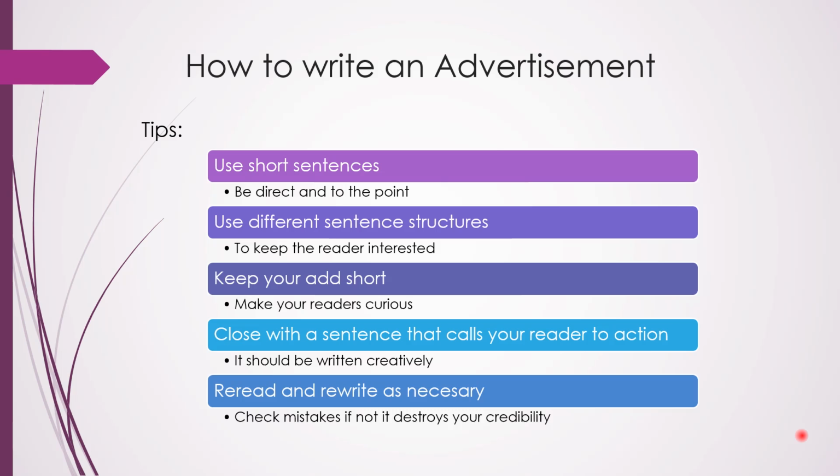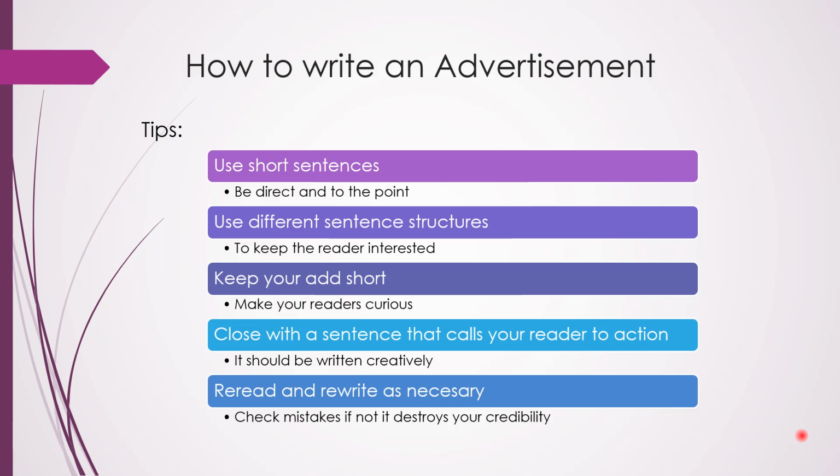The next tip is to reread and rewrite as necessary. You can reread it more than once to be sure about the words, the color, the image that you introduce, the tenses that you use, and rewrite it as necessary if you find mistakes of spelling, vocabulary, or any kind of point in your writing.